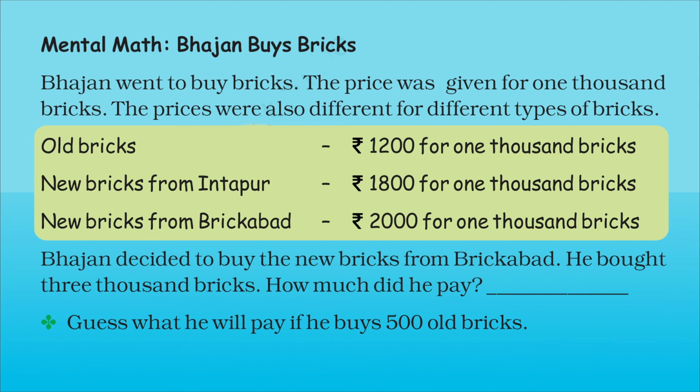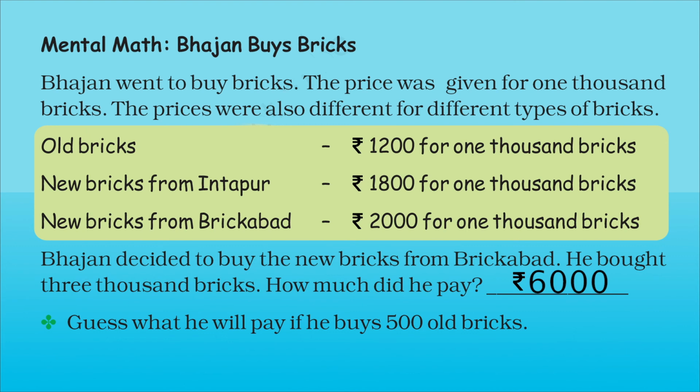Now, Bhajan wants to buy 3000 bricks. So, we have to add 2000 rupees plus 2000 rupees plus 2000 rupees, which are equal to 6000 rupees. Therefore, he has to pay 6000 rupees to buy 3000 bricks from Brickabad.